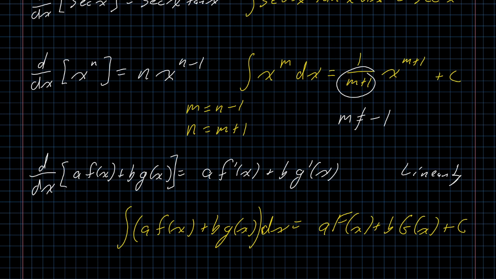And 1 over 0 is undefined. It's an infinite value. And that's problematic. Once again, continuing onward to the second semester of calculus, you'll learn how to address that problem. But for right now, we're just going to assume that we can avoid the issue whenever we can.